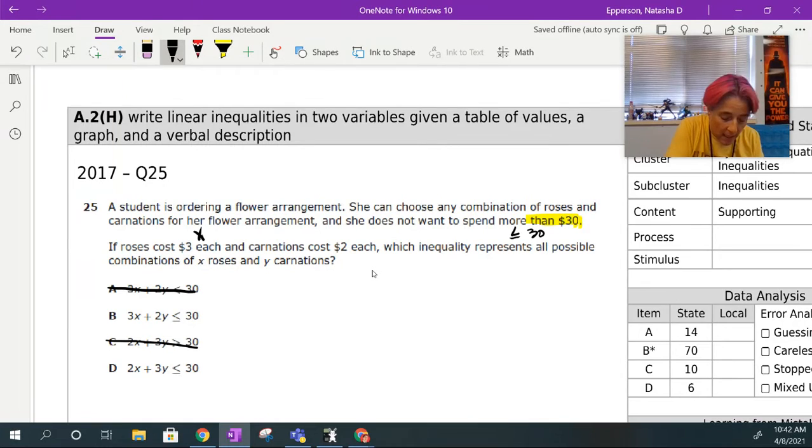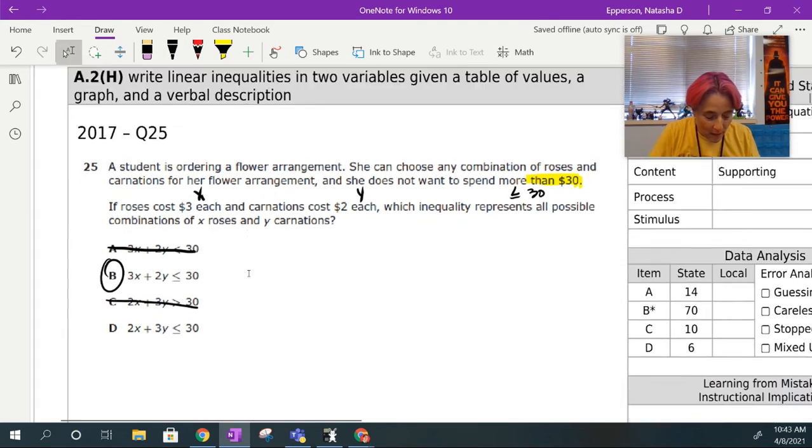So this is 3x, carnations is y, so 2y, and it has to be less than or equal to 30. That's going to give me my answer choice B. Again, it just happened to be B on both of these. Do not rely on that being your answer. If you see that on the STAAR, don't think, oh, my answer is B. Check it, make sure you're doing it right.